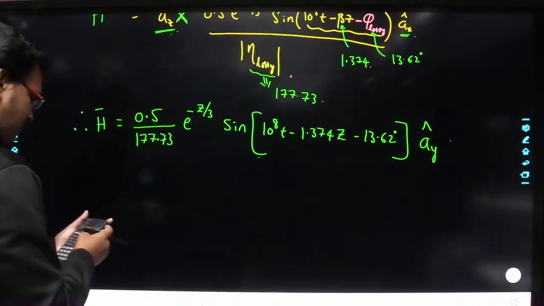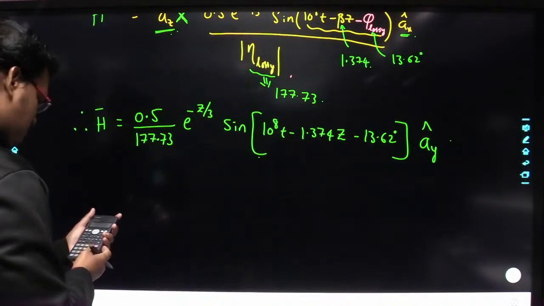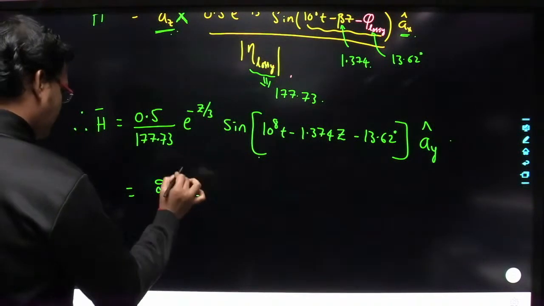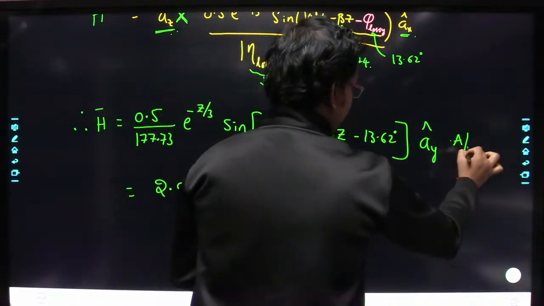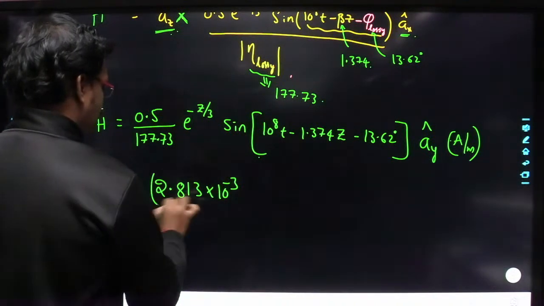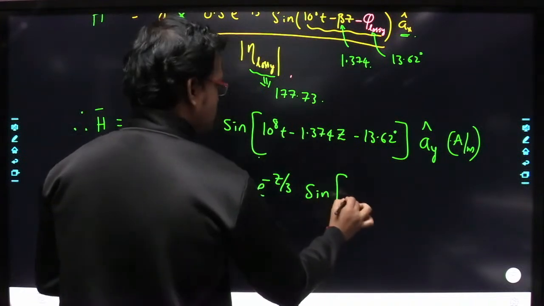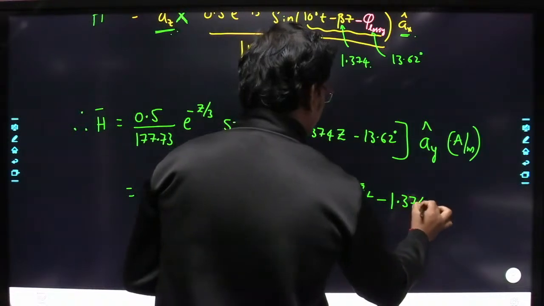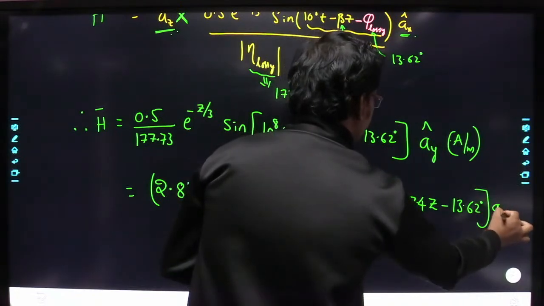What is 0.5 divided by 177.73? Here you are going to get 2.813 into 10 power minus 3, in ampere per meter. So you get 10 power minus 3 into e power minus z by 3 into sine of 10 power 8t minus 1.374 z minus 13.62 degrees AY cap.